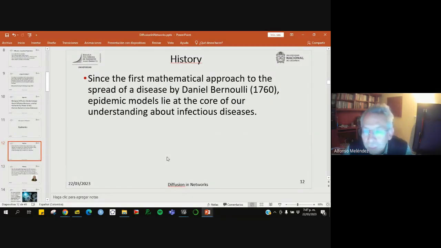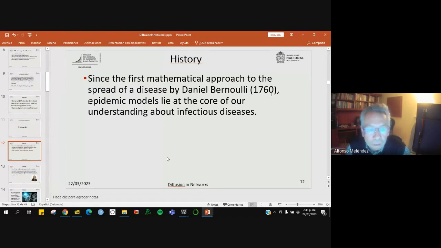Guys, the first mathematical approach to the spread of a disease was made by a famous mathematician called Daniel Bernoulli. I don't know if you know the Bernoulli brothers, famous mathematicians, in 1760. Epidemic models lie at the core of our understanding about infectious diseases.